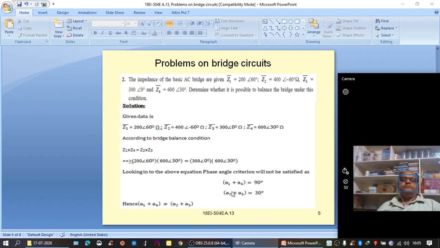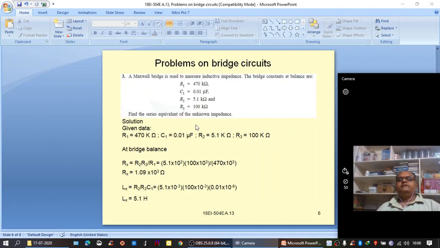So theta 1 plus theta 4 is not equal to theta 2 plus theta 3. So we can conclude here that the bridge cannot be balanced and it cannot be used for the measurement of unknown parameters.